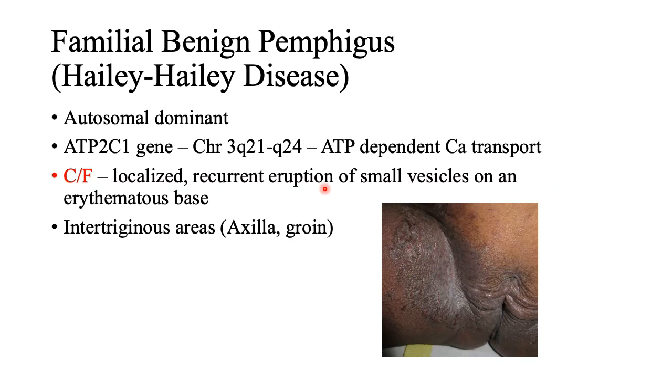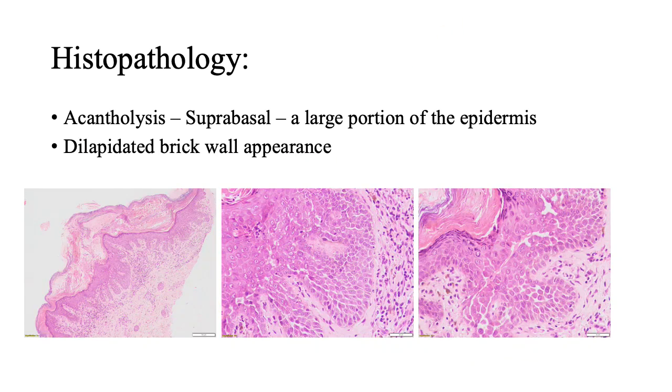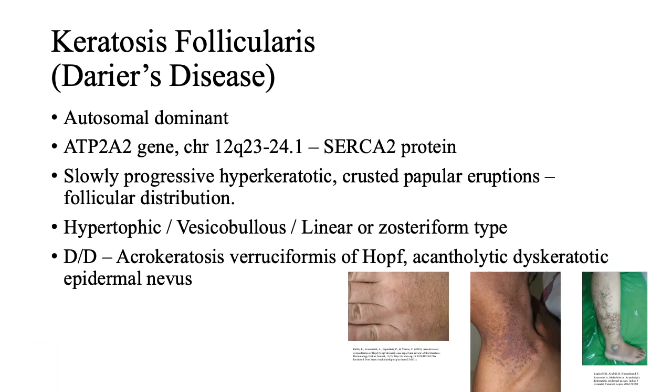Intertriginous areas like axilla and groins are mostly involved. In histosections, suprabasal acantholysis involving a large portion of the epidermis is seen, which gives a dilapidated brick wall appearance in microscopy. Dyskeratosis is minimal or absent.